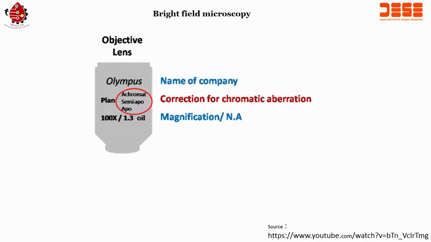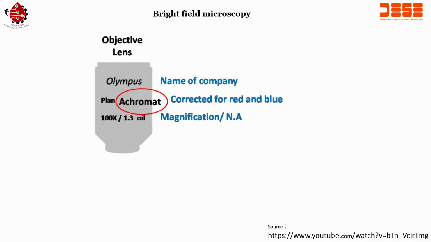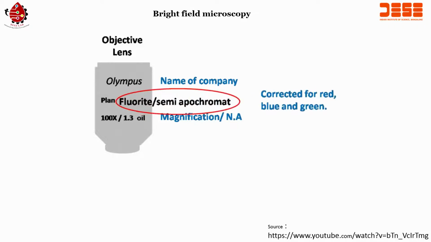Corrections for chromatic aberrations. Chromatic aberration is a phenomenon in which the lens fails to focus all the colors of the light at the same point. It occurs because the lens has a different refractive index for different wavelengths of light. The term achromatic lens means it is corrected for two colors, red and blue. The term fluorite or semi-apochromat means the lens is corrected for three colors, red, blue and green.